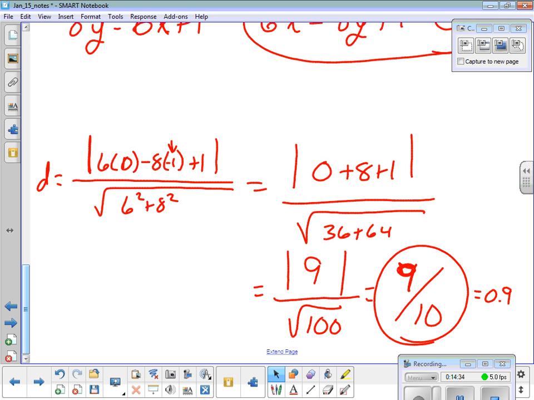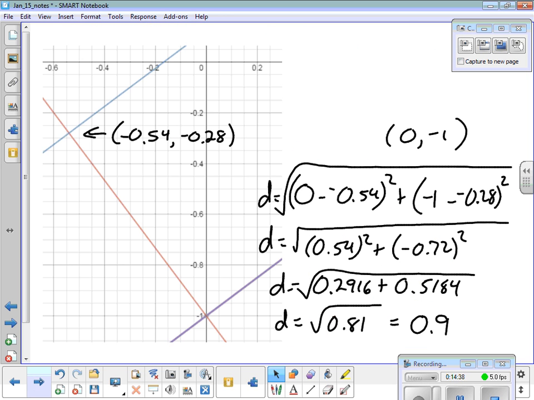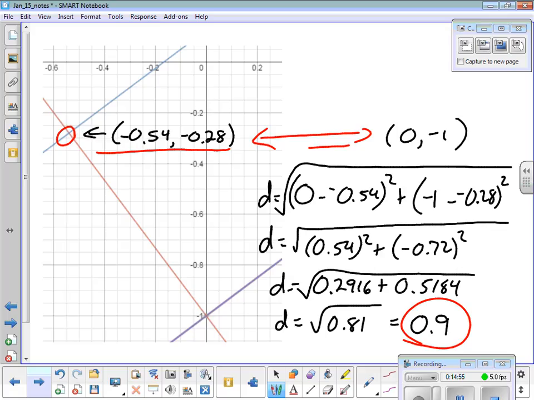Okay, so now what I had to do to get this to work out a lot nicer is I went onto the computer, I used the Desmos graphing calculator, and I clicked over here in this spot here, and it gave me this point as a location. So then I used that point with our (0, -1). So I used those 2 points, and I ran it through the distance formula, and I got a 0.9.